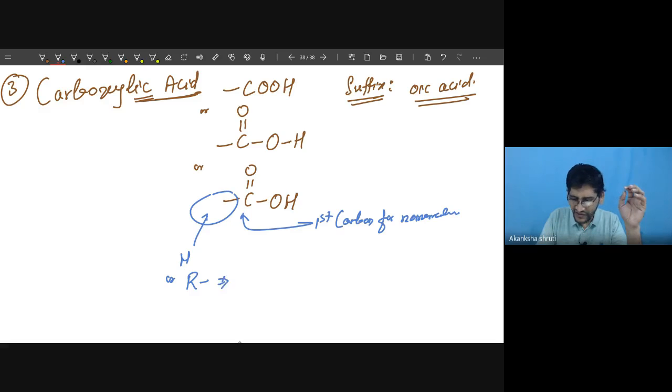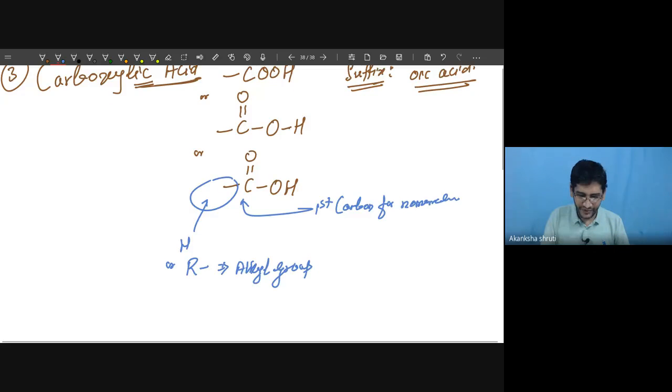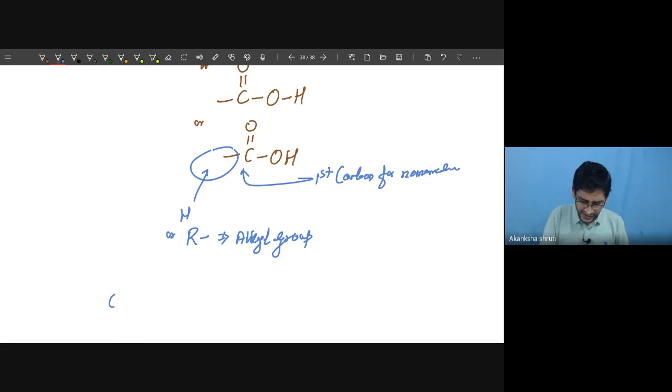So it is called the alkyl group that I was using till now. Alkyl group. Example, let me write a few. COOH is there and only one hydrogen is placed here. The formula is written in this way. This COOH unit has to be maintained always. Structure wise, if you want to write, it becomes like this.